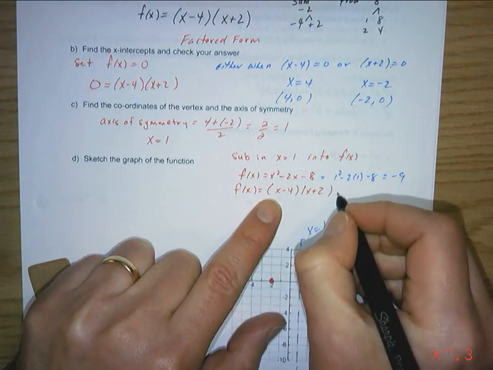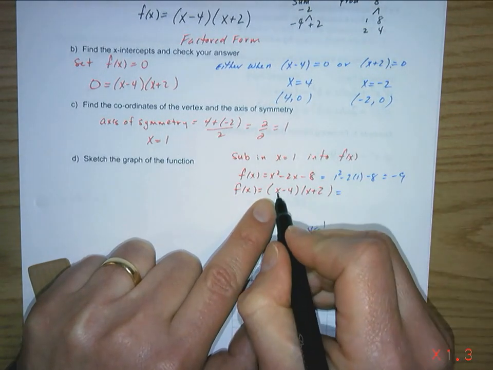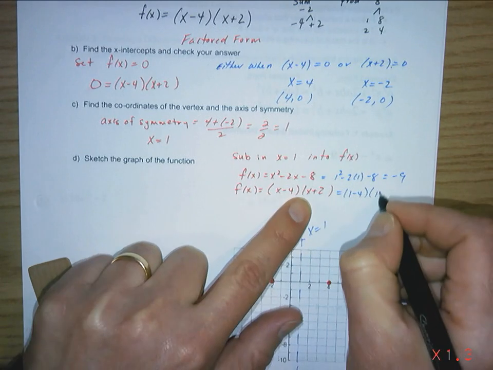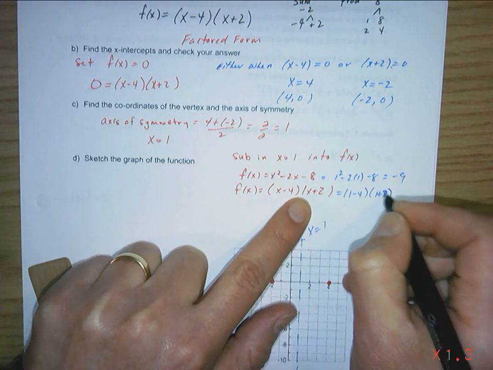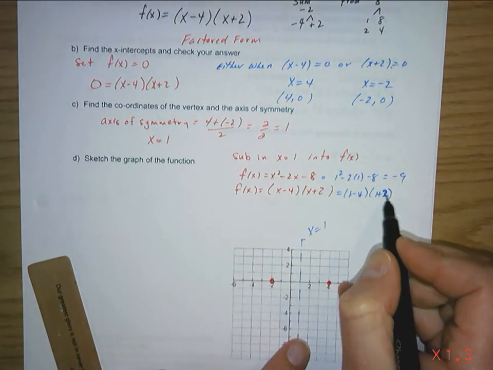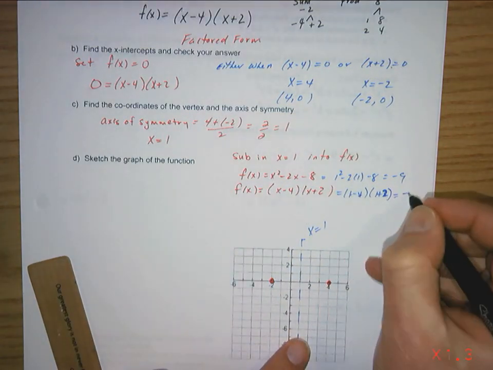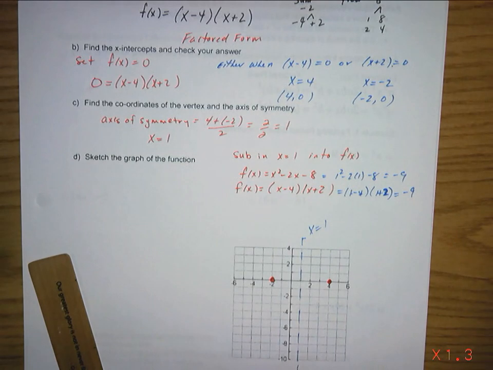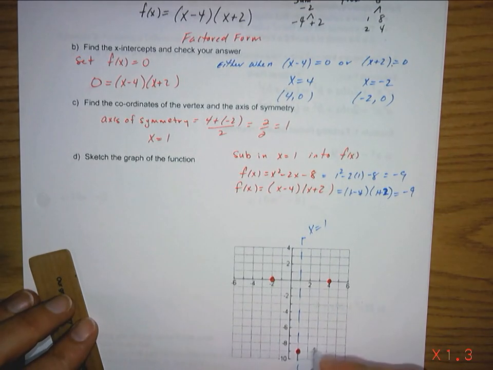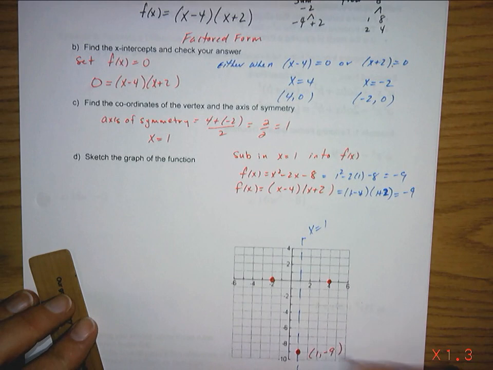And if I plug in 1 here, I get 1 minus 4 and 1 plus 2. So 1 minus 4 is negative 3, 1 plus 2 is 3. So that also is negative 9. So that means that our vertex is going to be right here at 1, negative 9.